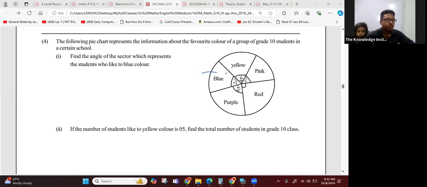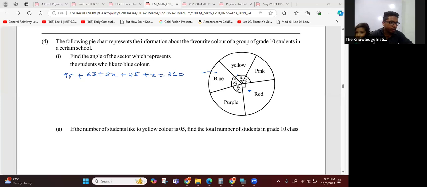Since this is a complete circle, we know the total angle is 360. Starting from here: 90 plus 63 plus 2x plus 45 plus x equals 360.